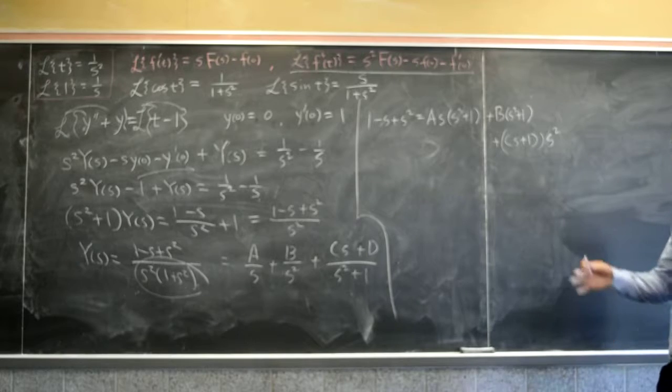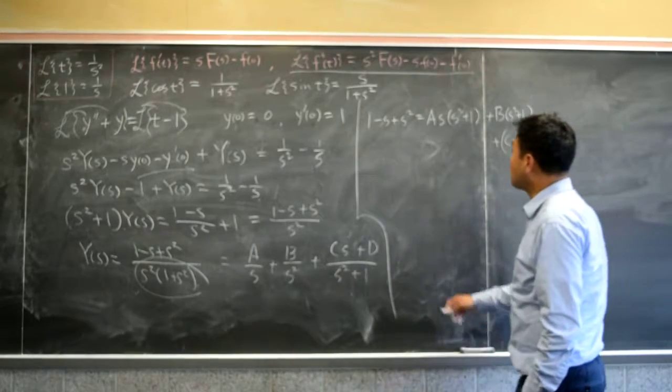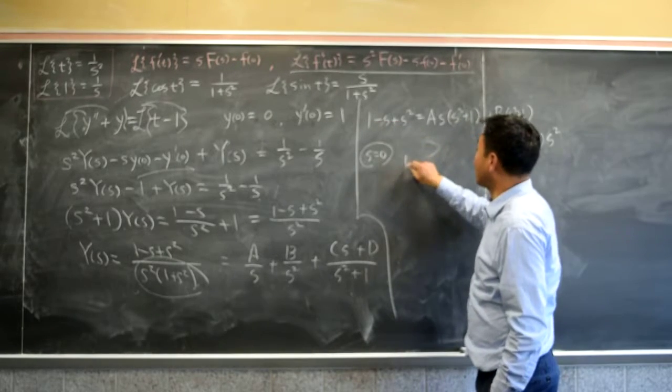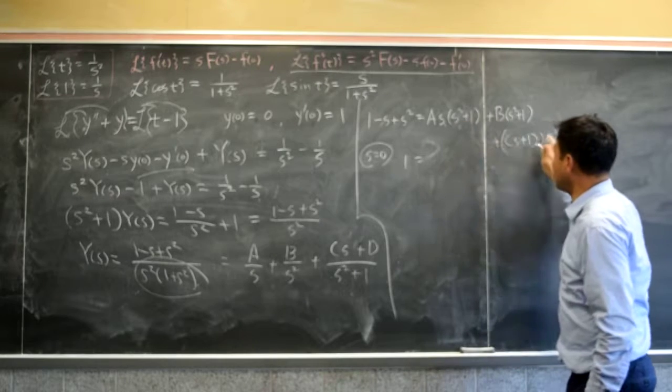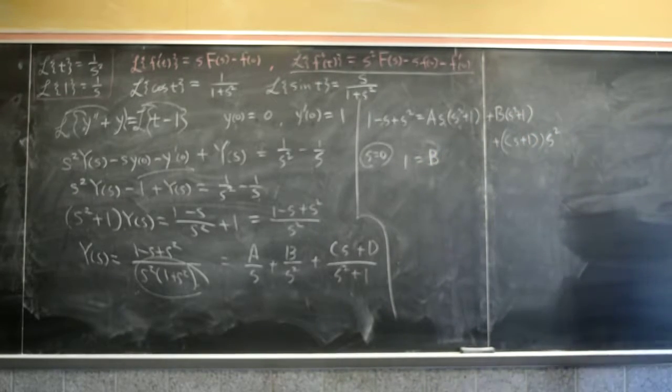That's what you get if you multiply by s squared times (1 plus s squared). Now I just want to plug in s equals 0. Why? Because then you get 1 on the left side, but all of these are 0, and you get just B. So B is 1. Oh, that's nice.